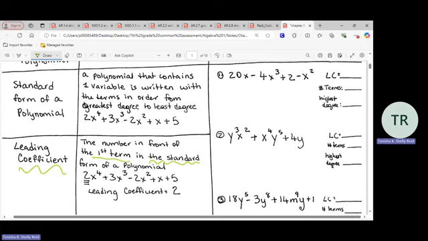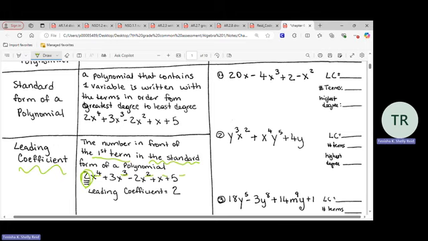So it has to be in standard form, like 2x to the fourth, 3x to the third, 2x to the second, x to the 1, and then 5. 4, 3, 2, 1, 0. Then once it's in order, in terms of degree, the leading coefficient is that number right there in the front.